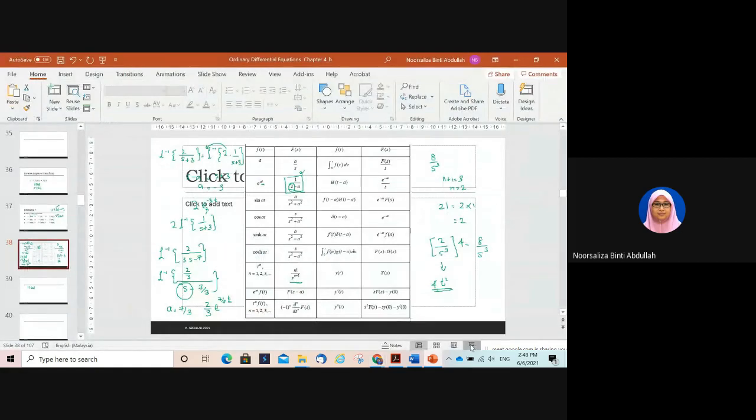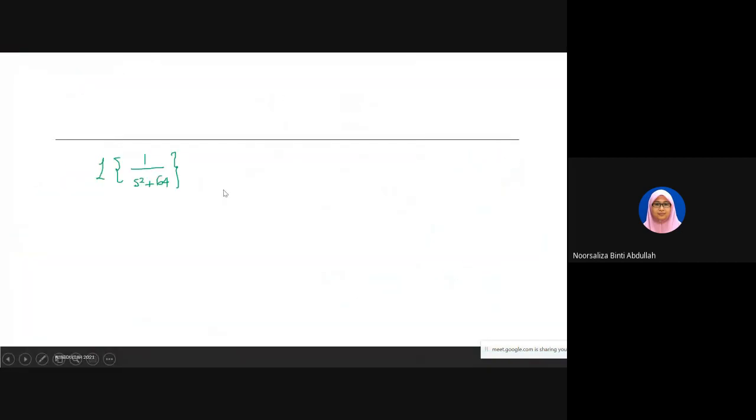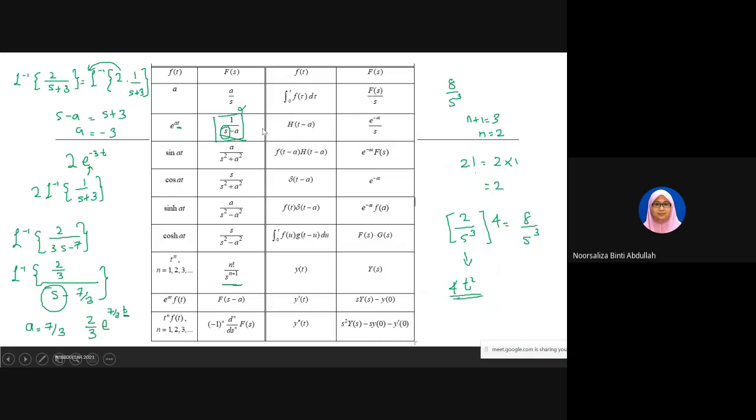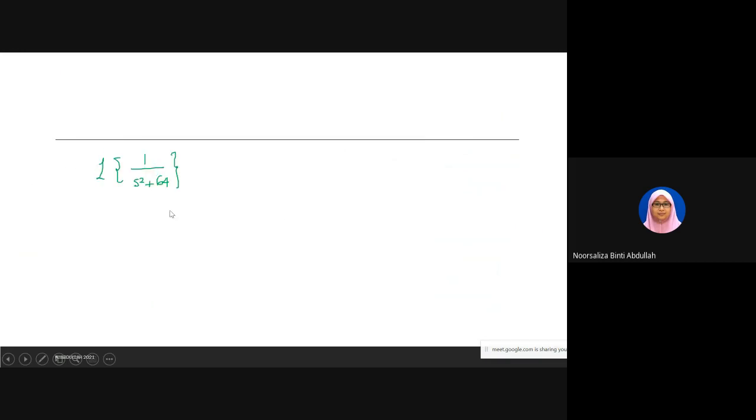If you look at this table, you have to find the s square because this one is s square. And also at the bahagian atas ni, dia number, dia tak ada s.